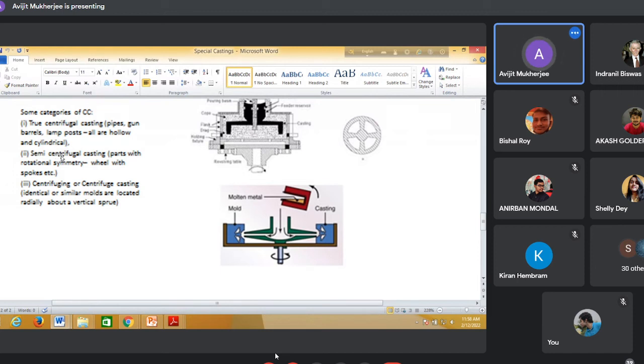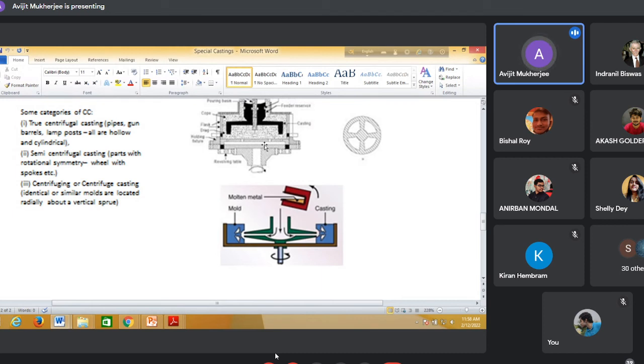Semi-centrifugal casting means parts with rotary symmetry, like say this is a wheel with spokes, not a hollow cylinder, but there are some spokes, say wheel of the cart, wheel of rickshaw, etc. So that is a semi-centrifugal, not exactly a through hole, but some spokes, etc. are there.